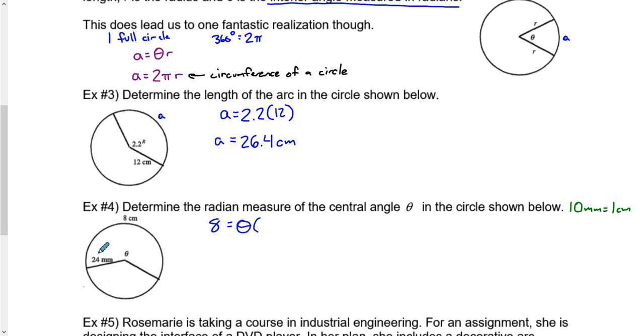So instead of 24 millimeters, that's 2.4 centimeters. So to quickly solve for theta, we just divide by the 2.4. Quick, easy, painless. Theta would be 3.3 radians.